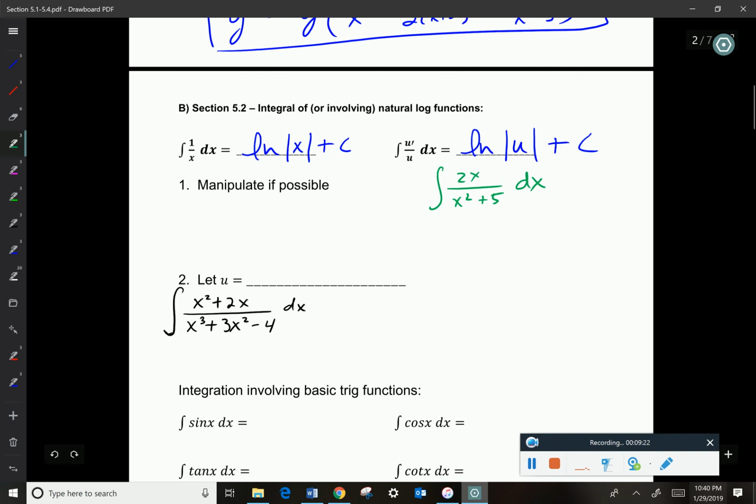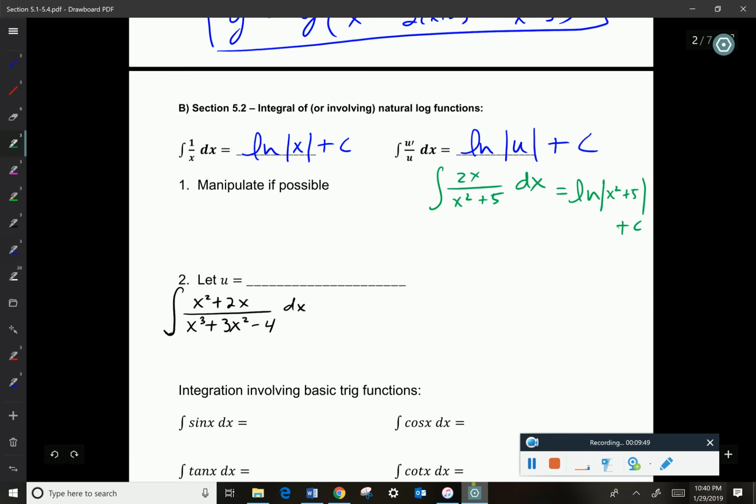Well, do you see that if the denominator is u, then isn't the top u prime? So isn't this in the exact form u prime over u? And if I recognize that, I can go straight to the answer as the natural log of u. Well, remember, u is the denominator. So this would be the natural log of x squared plus 5. Okay? So that's if you recognize the pattern.